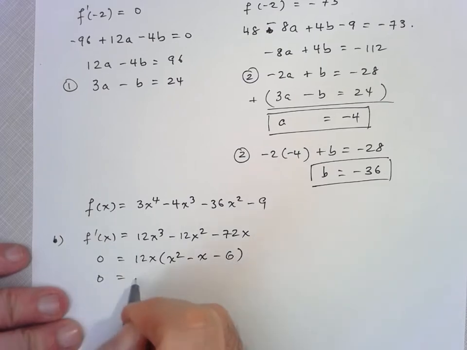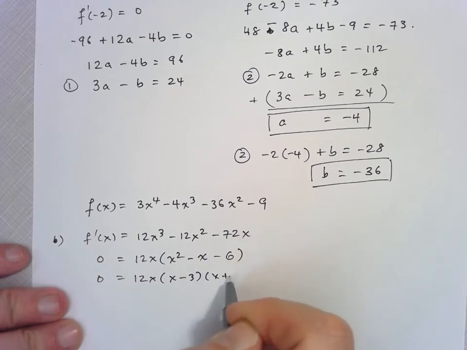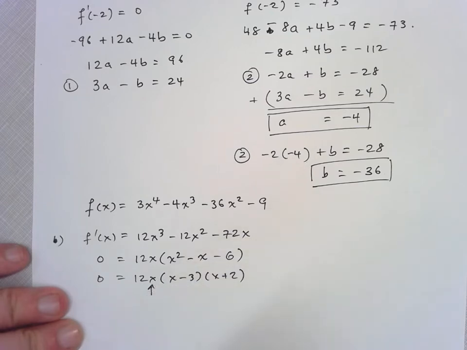We factor that: x minus 3, x plus 2. We already know that x equals 0 gives us a horizontal tangent, and that x equals negative 2 gives us a horizontal tangent. So the other one we were missing was x equals 3.